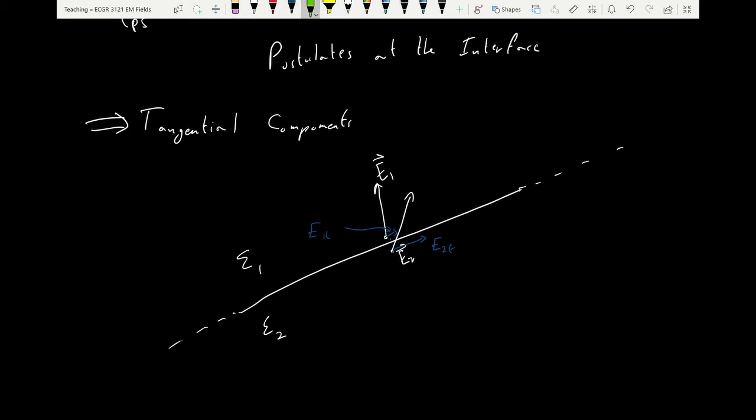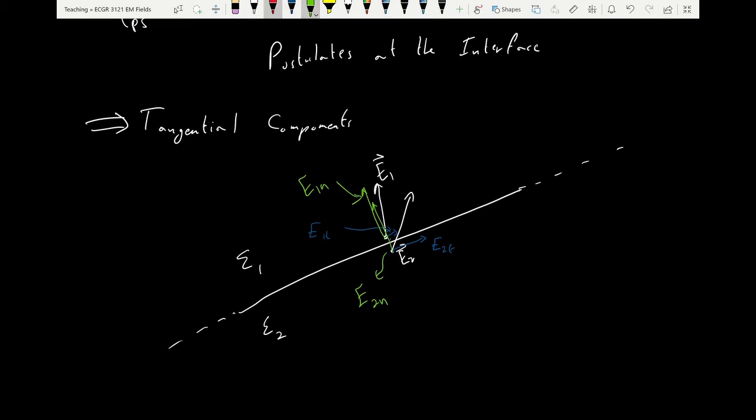And then there are normal components that are normal to the interface. So I'll draw it this way. This is E1n, and this is E2n. Okay, so I need to have a sense of which direction is going to be the positive normal and which direction is going to be the negative normal.